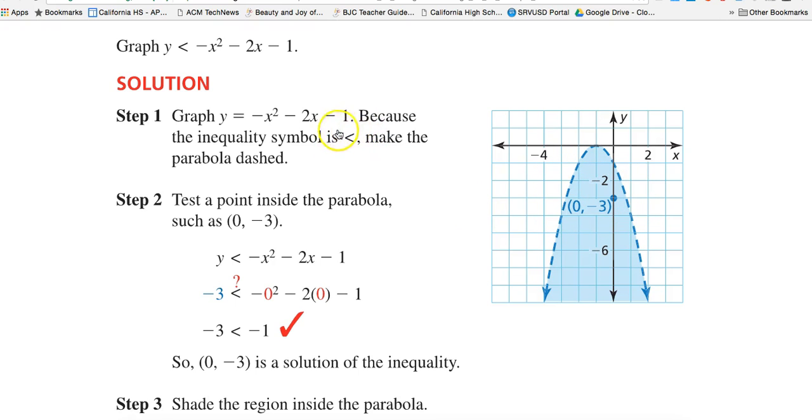Also, look at it to make sure you're looking at the proper region. Less than means inside the parabola in this case. Greater than would be this area outside of here. Always test by picking a point inside your shaded area and plugging that point into your original inequality to make sure it works.